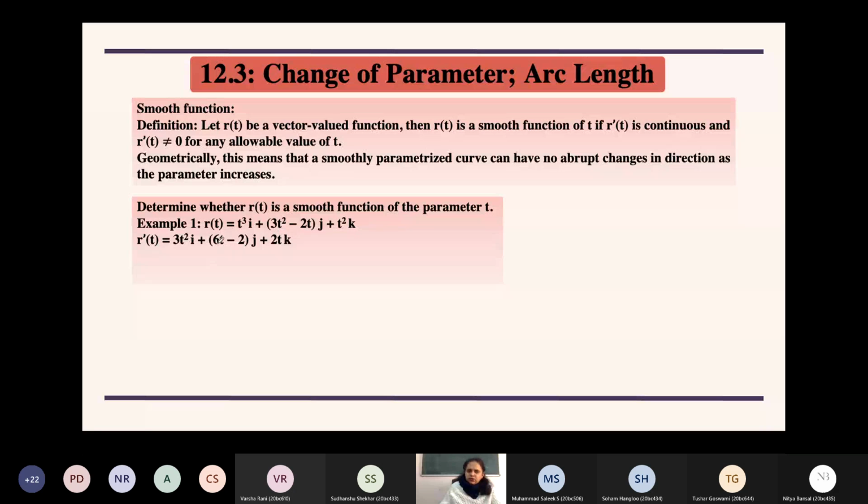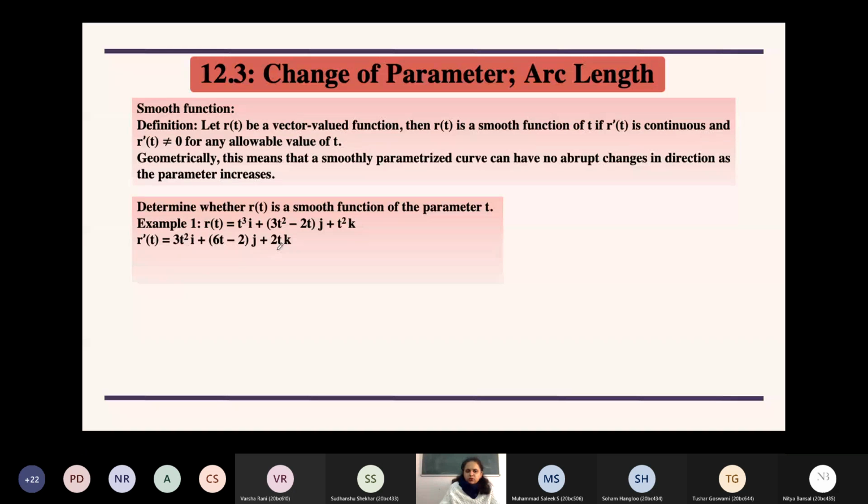So this function is going to be continuous, and we can also check the second condition, that it is not identically zero. So not a zero vector basically. So there is no value of t for which simultaneously both x, y, and z components become zero. So you can also check this, that you take any different values of t, you will find that one of them is at least non-zero. So simultaneously all three components can never become zero for any value of t.